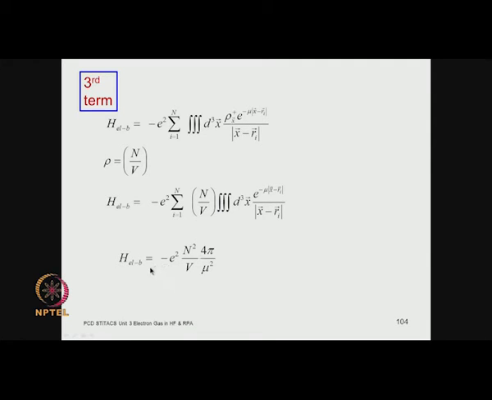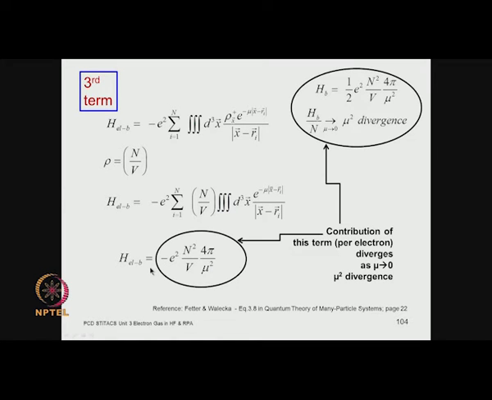Okay, so, the electron background interaction term also has a mu square divergence. So, both the background Hamiltonian as well as the electron background interaction Hamiltonian have 1 over mu square divergence, both have the factor e square n square over V and 4 pi over mu square, but this is plus half and this one is minus 1. So, you have to sum them up.